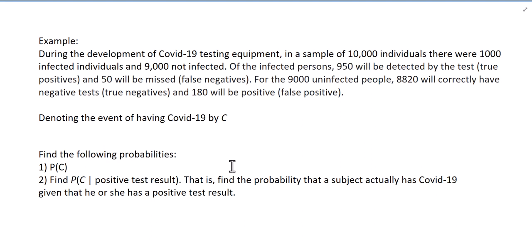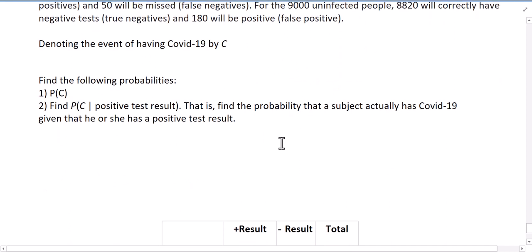How do you get all the different pieces? You can start by writing your own notations. There are 10,000 total. There are 1,000 infected individuals, so they had COVID, and 9,000 not infected. And then there are all these other numbers. So this is where I believe, and I hope that you agree, that a table comes in handy in terms of organizing your data. If you don't need the table, then you don't need to have it.